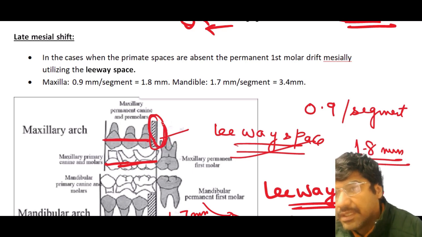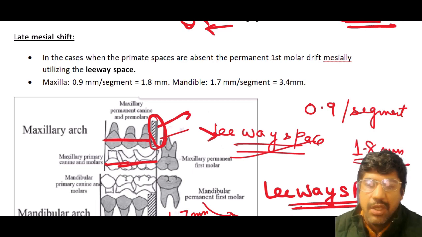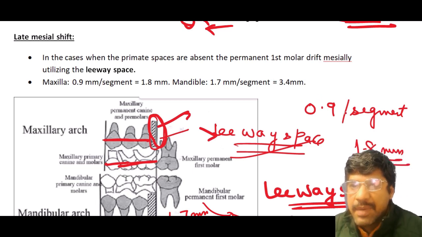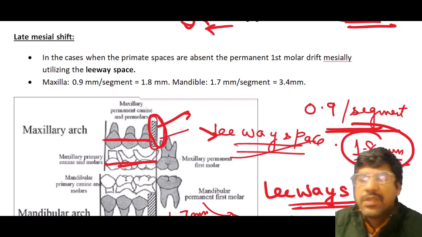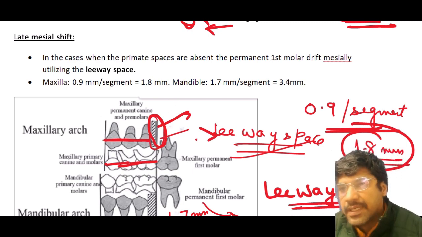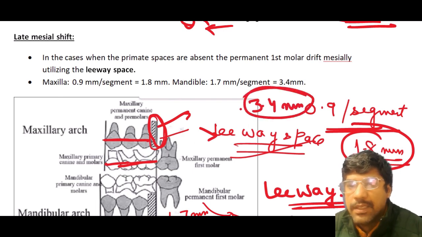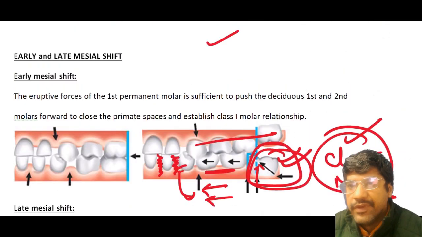This space is known as the leeway space of Nance. The difference between the two is the leeway space. For the maxilla, it is 1.8 mm, that is 0.9 per segment, and for the mandible, it is 1.7 mm per segment, that is 3.4 mm in total. That is what you have to remember from an entrance exam point of view.